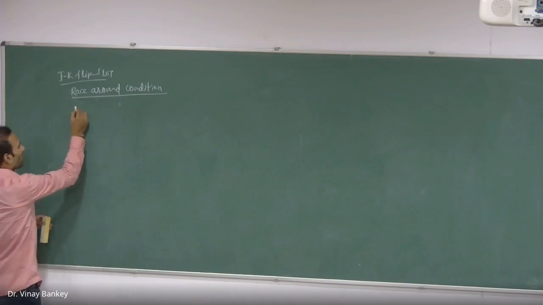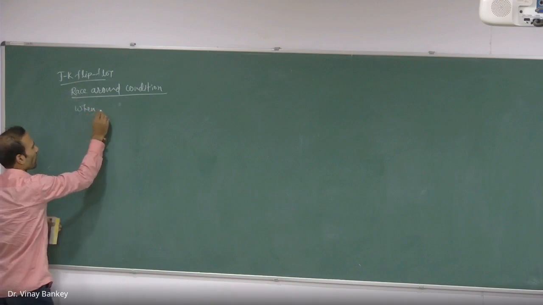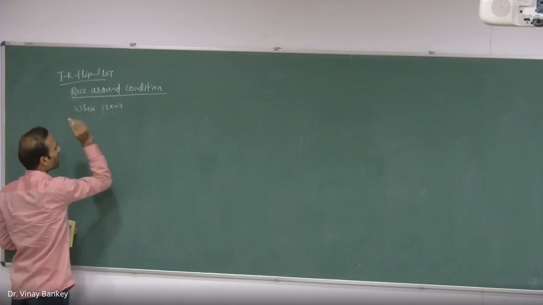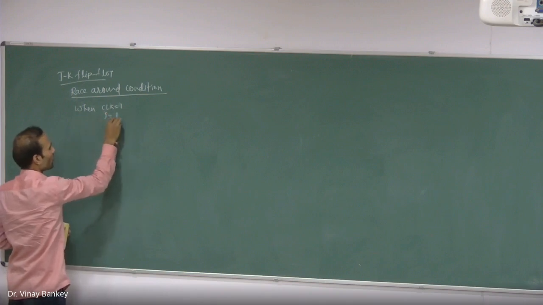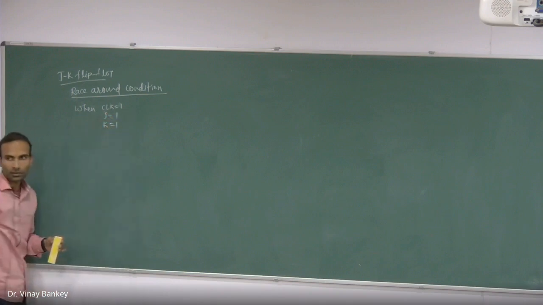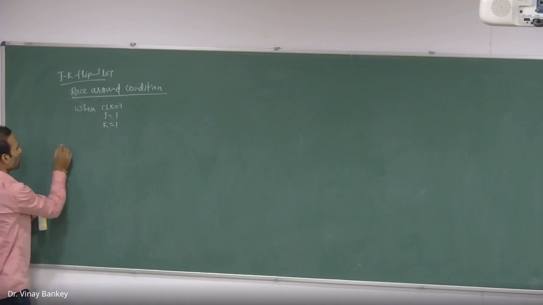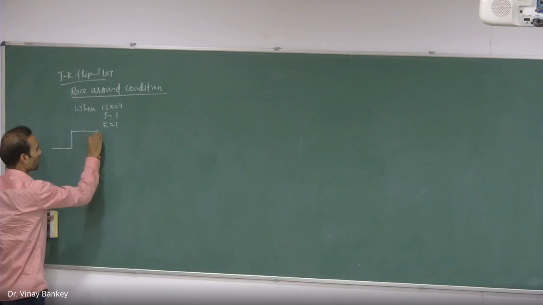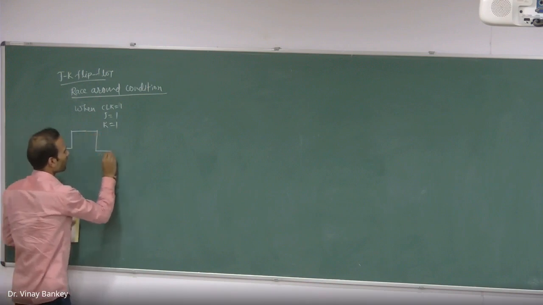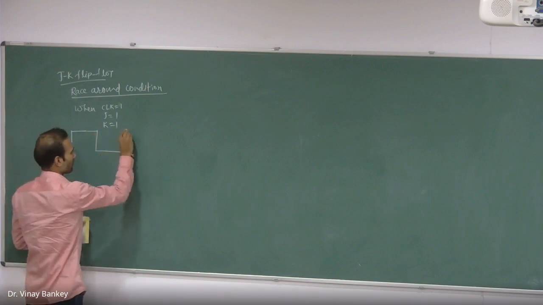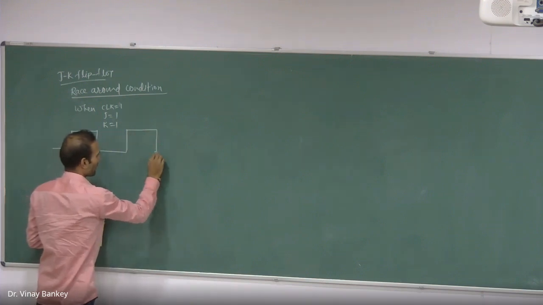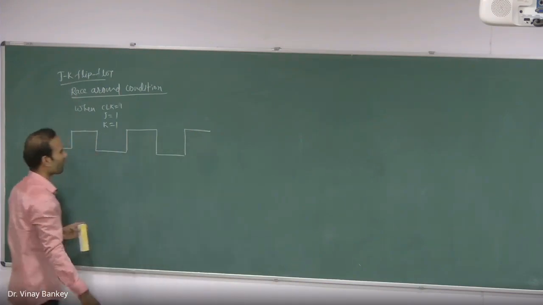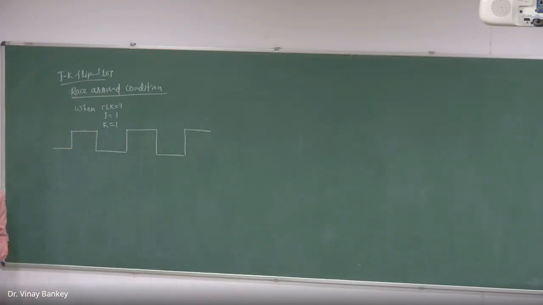When your clock pulse is high, J is 1 and K is also 1, in this situation your output of the JK flip-flop is in a racing condition. The output races actually. We have another term for that, which is toggling.